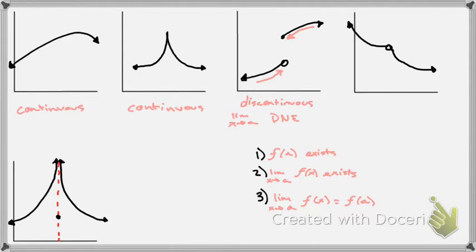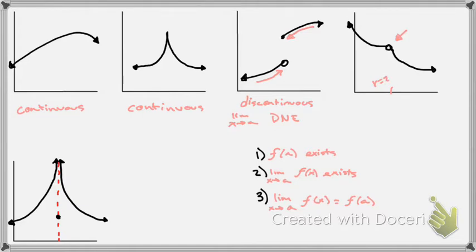Okay, now we're going to look at this next one. So, is there a point at every single part of this graph? Well, no, it looks like there's a hole right here, right? There's no point at x, let's say this is x equals 2. There's no point there.